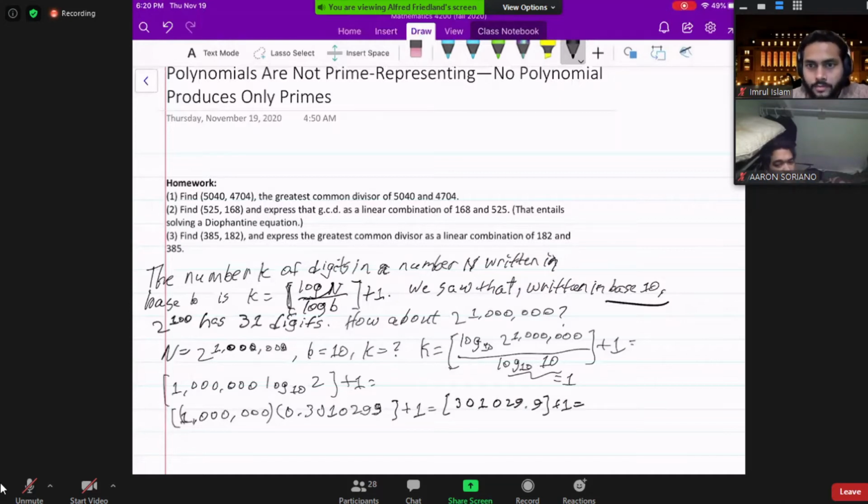The greatest integer in that, the biggest whole number part, equals 301,029, and then we have the plus 1. And so that equals 301,030 digits.